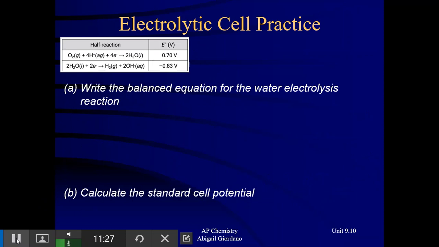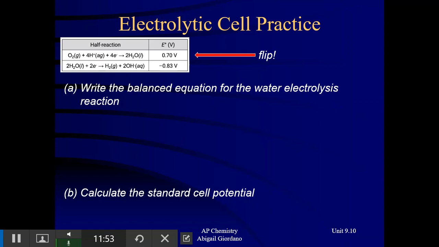Okay, so the first thing we were asked to do was to write the balanced equation for this reaction. And remember, the hint that I gave you was to remember that in an electrolytic cell, the total cell potential must be negative. So I know that that is the half reaction I'm going to have to flip.